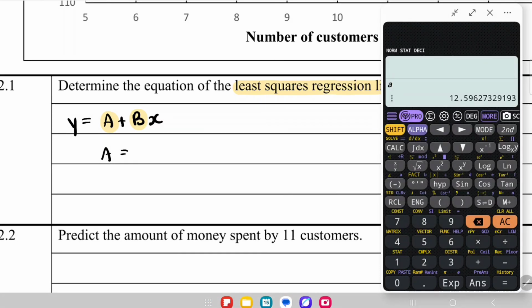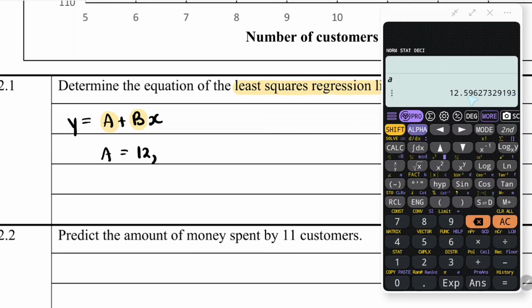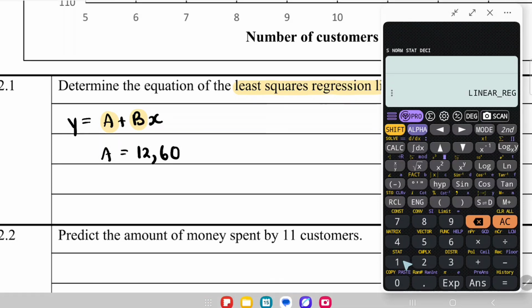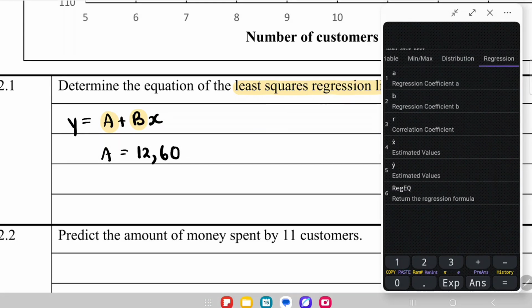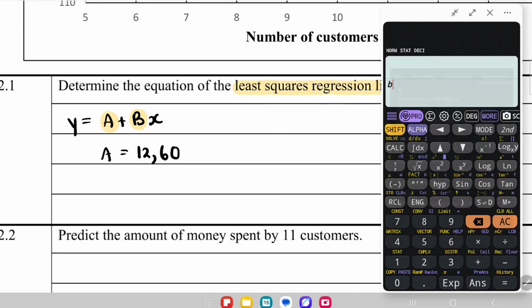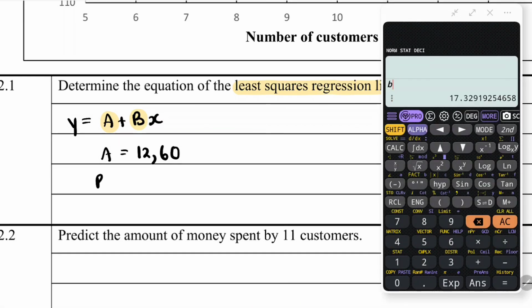So A is equal to 12 point. Now that's going to round up, and then eventually add a 1 to that 5. So 12.6 is what we have there, but we'll just leave it at 2 decimal places. So 12.60. And then we need to find the value of B. So again, you're going to press Shift 1 and then make sure that you go for regression, and then B is equal to 17 point.